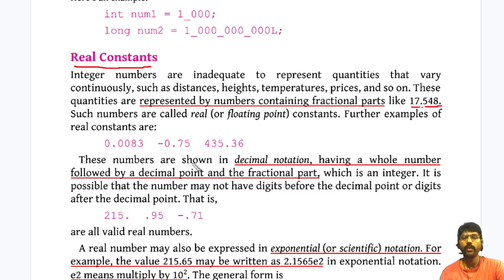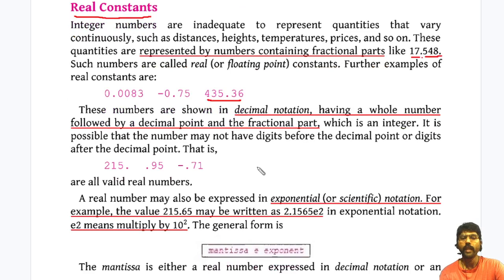If you see this example, it is an example of decimal notation. It contains a whole number, 435, then a decimal point, then 36 is the fractional part. This is the example for decimal.